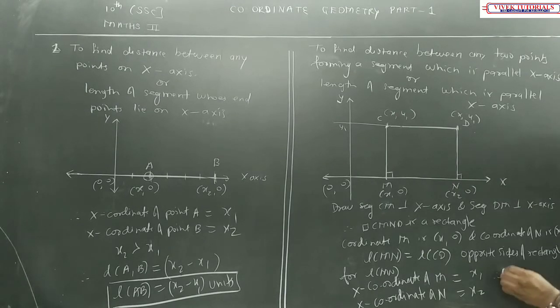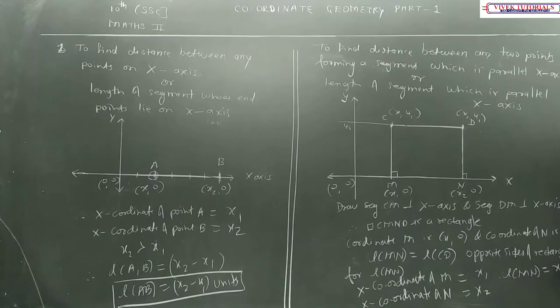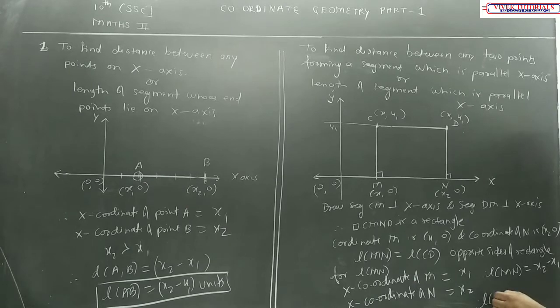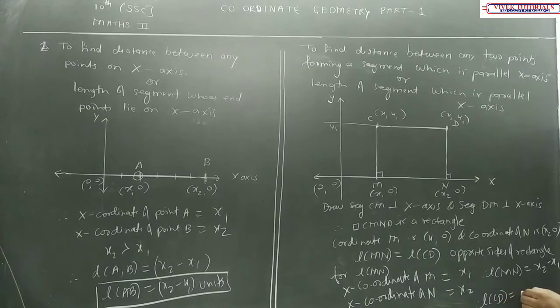Therefore, length MN is equal to x2 minus x1. So ultimately length CD is equal to x2 minus x1 units.